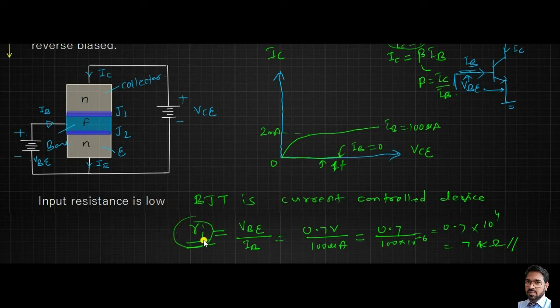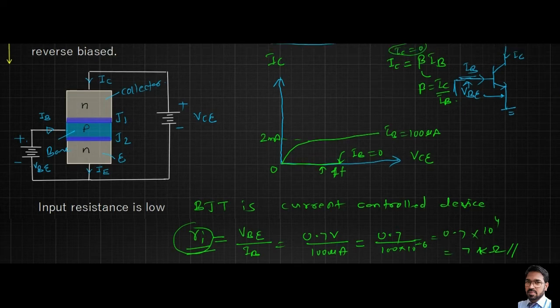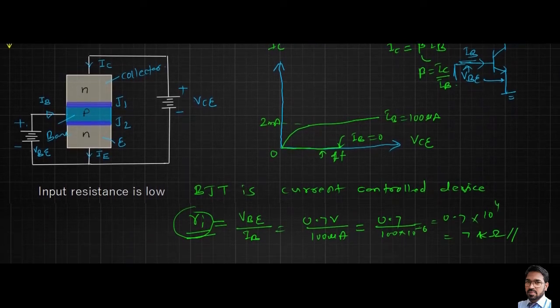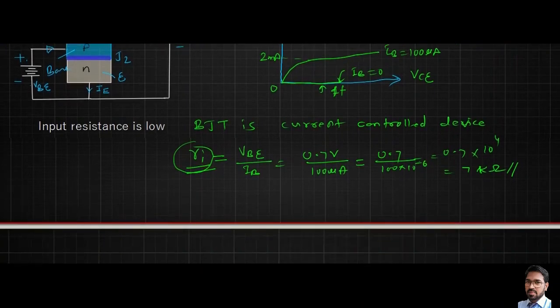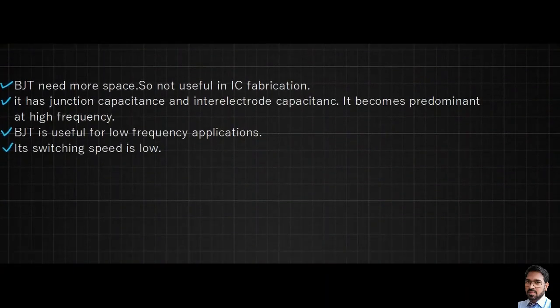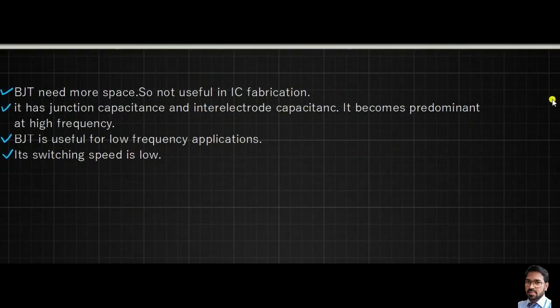So input resistance should be high, output resistance should be low. In comparison of MOSFET and BJT, the MOSFET has very high input resistance because its input current is negligible, ideally 0.